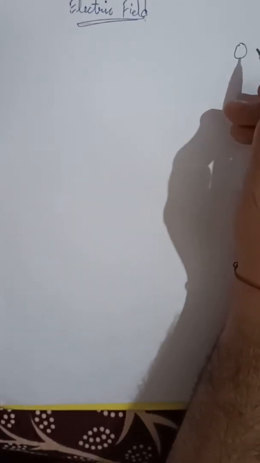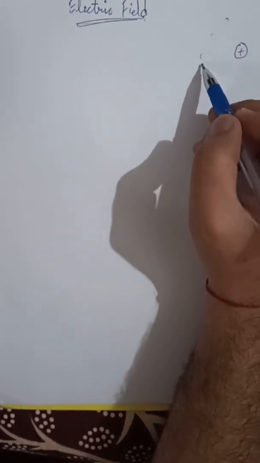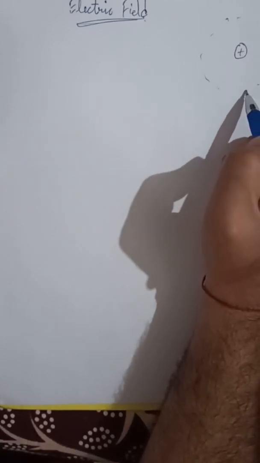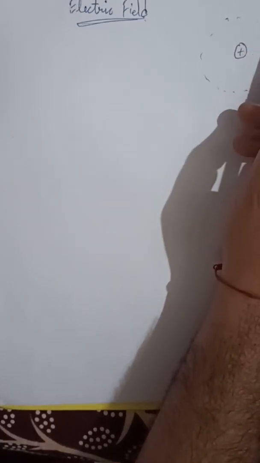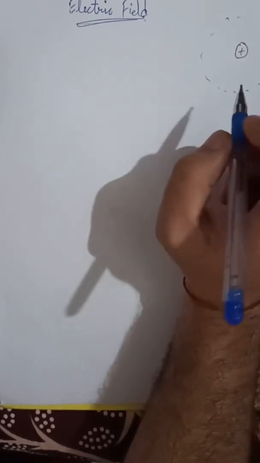The space around a charge, let a positive charge, the space around it up to which its influence can be experienced by another charge is called electric field.